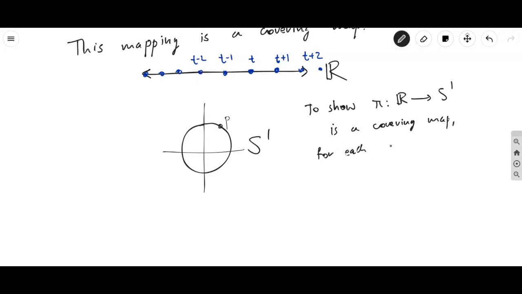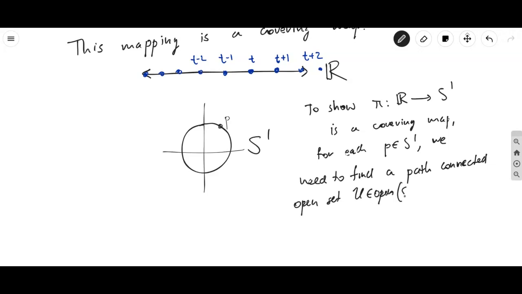For each P in S1, we need to find, and as we said, you can just assume it's path connected, a path connected open set U on the circle, so that if you pull that open set back to the real line, it's not necessarily going to be connected, but it will have path components. So you can write it as a union of path components.